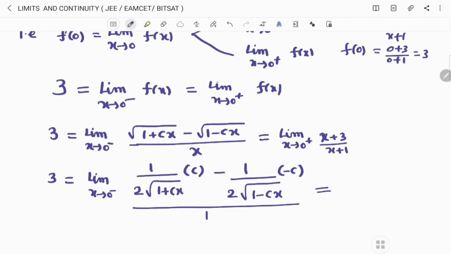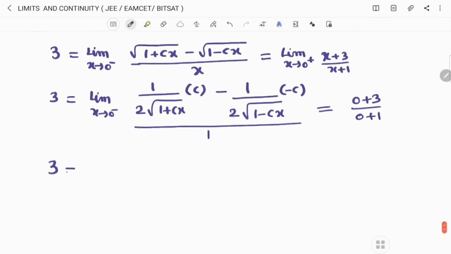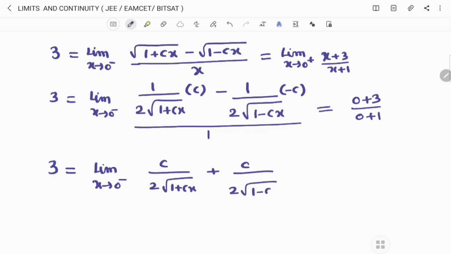This equals 3, after substituting x = 0 on the other side. So 3 equals c/(2 root(1 + cx)) + c/(2 root(1 - cx)).